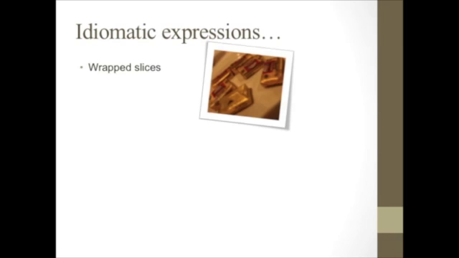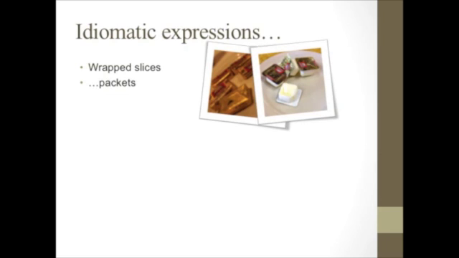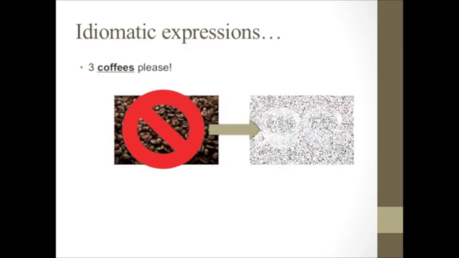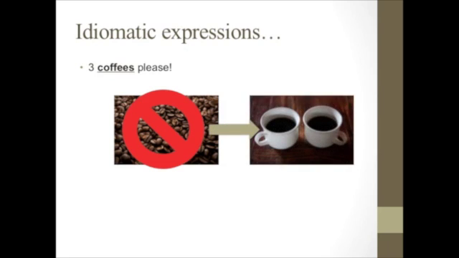In restaurants, it is normally served in wrapped slices or little packets, and it's common to hear a customer mention to the waiter or waitress, "Could we have some more butters at our table?" They mean these little packets. The same is true for coffee, meaning cups. We're not referring to the beans or the liquid. We're referring to 2 coffees or 3 coffees. Cups of coffee, that is.